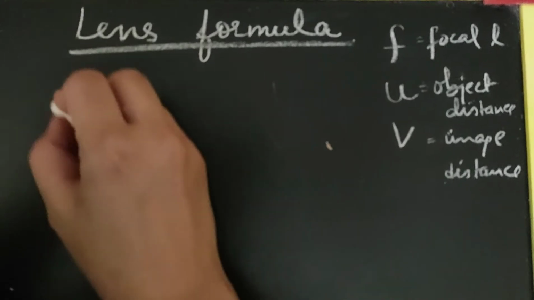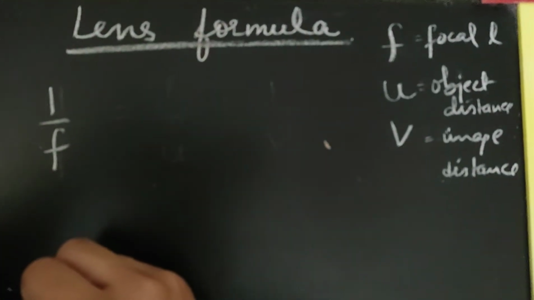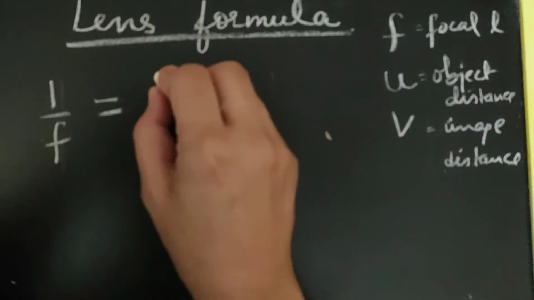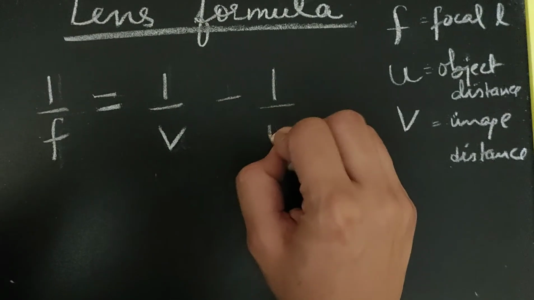Now we are discussing lens formula. According to this formula, the reciprocal of focal length of the lens, 1 by f, is equal to the difference in the reciprocal of image distance and object distance.